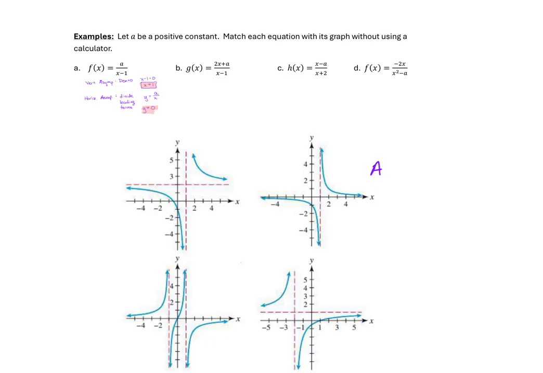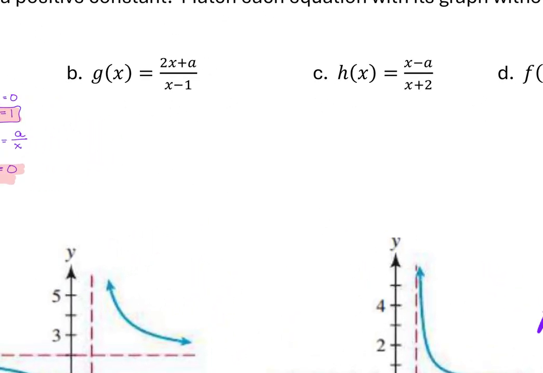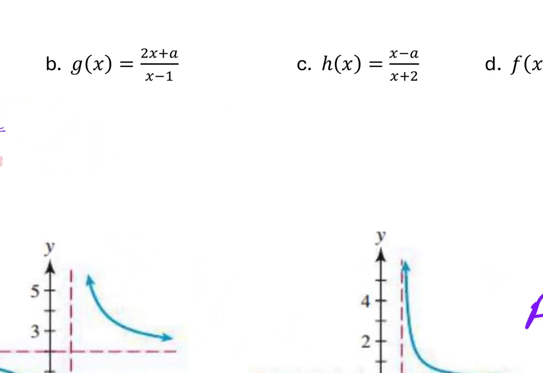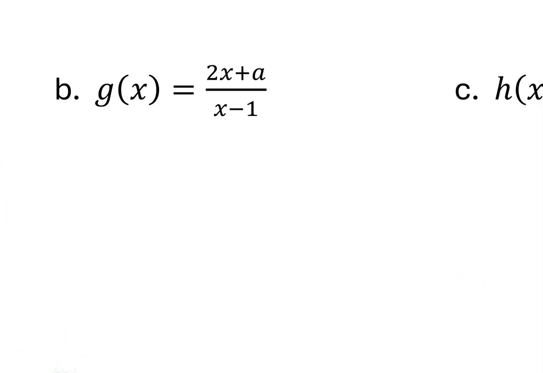All right, let's come to example B. We're going to do the same thing. We want to start by identifying horizontal and vertical asymptotes. All right, so vertical asymptote. Remember, this is denominator equals 0. If we set our denominator equal to 0 and solve for x, we get x equals 1.